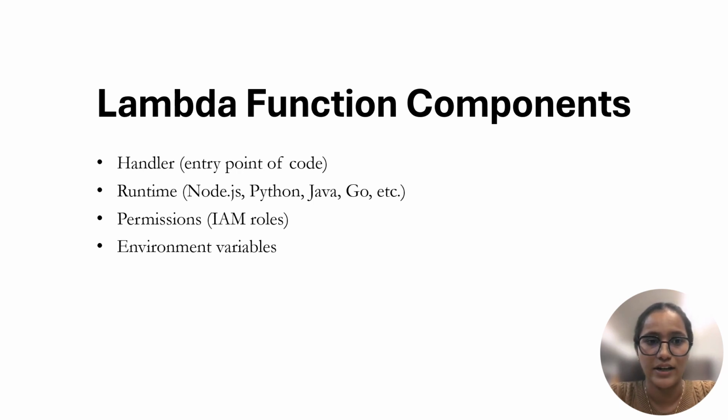Third is the IAM role, which defines what AWS resources your function can access, like S3 or DynamoDB. Fourth, environment variables consist of configuration data you can change without editing code. These components make Lambda functions flexible, portable, and easy to integrate with other AWS services.